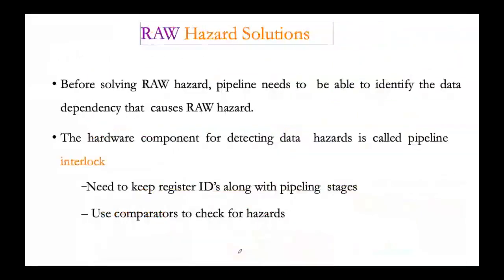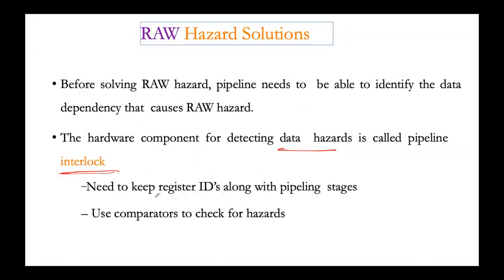Before solving the read after write hazard, the pipeline needs to be able to identify the data dependency that causes the read after write hazards. The hardware component for detecting data hazards is called the pipeline interlock. A separate hardware will be used.